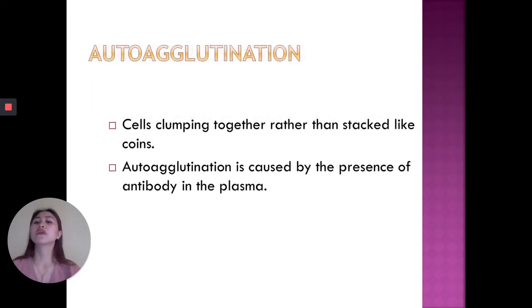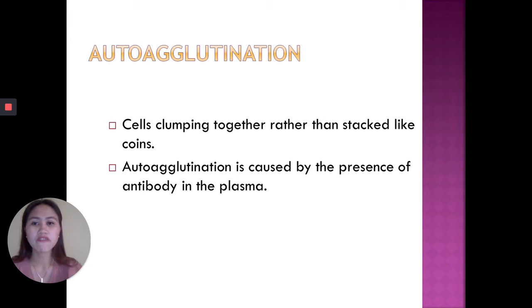Next we have autoagglutination. When the cells are clumping together rather than forming a stack of coins, then it is probably caused by autoagglutination. Autoagglutination is caused by presence of antibody in the plasma. Whenever our body is exposed to any foreign body, our body's mechanism is to make antibodies against that.